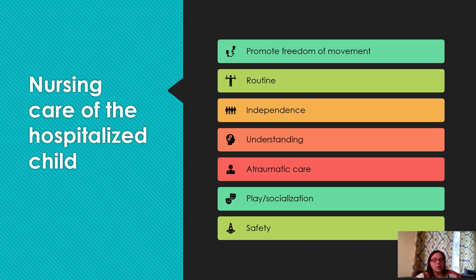They encourage the normal growth and development of kiddos to still occur while being in the hospital. And it encourages patient family-centered care, okay? So everything you do, it's going to come back to their normal growth and development. How do we encourage that even if they have a health disruption? And how do we incorporate patient family-centered care into all of this?